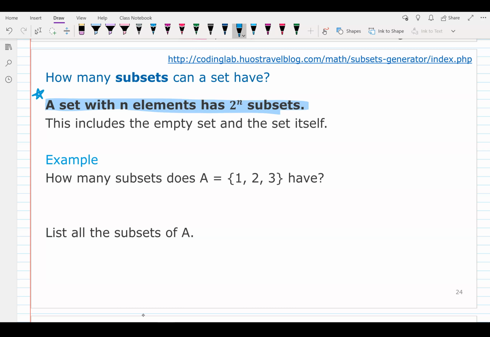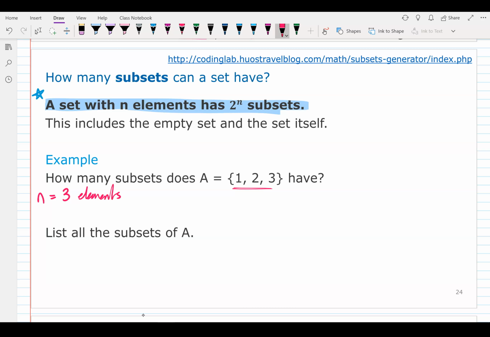A set with n elements has 2 to the power of n subsets. This includes the empty set and the set itself. Let me show you what it means. How many subsets does the set A have? Well, in this case, we would say n equals 3 elements.